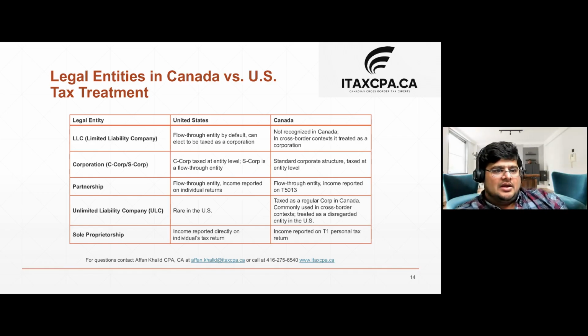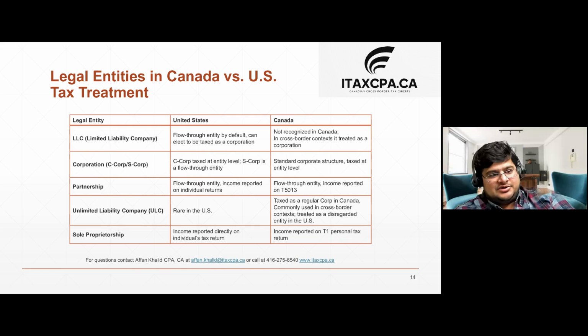And then, in the US, of course, an LLC can elect to be taxed as an S corp or a corporation. But again, from a Canadian perspective, a corporation is a corporation and is subject to corporate tax. Any payment out of the corporation will be a dividend.